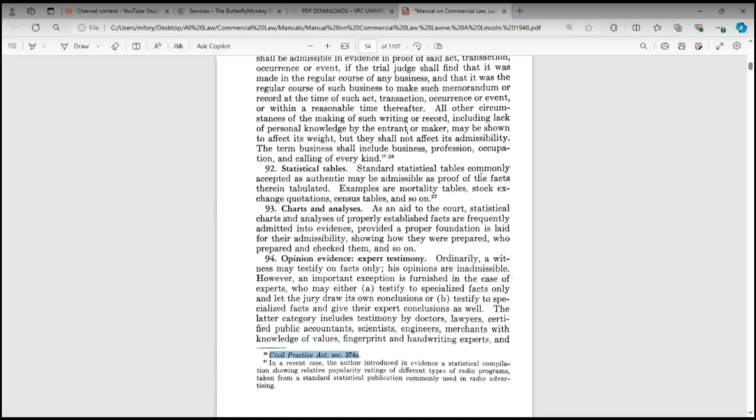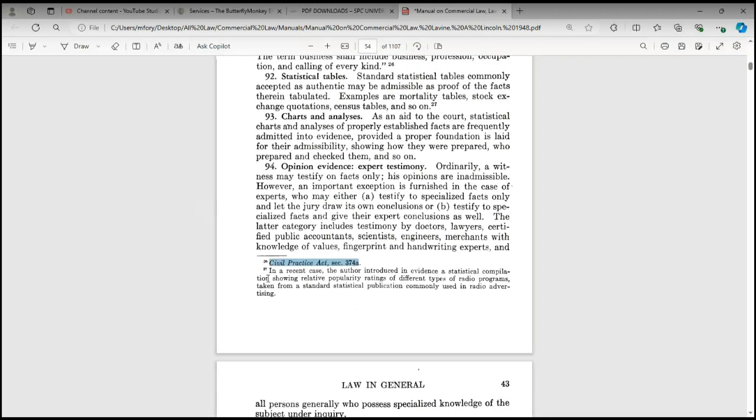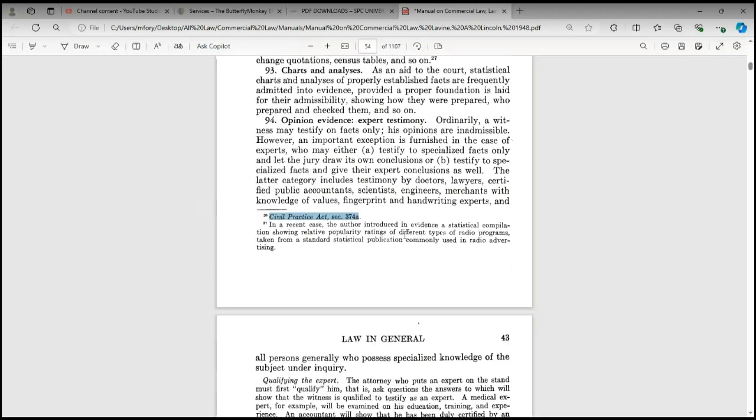Statistical tables. Standard statistical tables commonly accepted by authentic may be admissible as proof of the facts therein tabulated. Examples are mortality tables, stock exchange quotations, census tables, and so on. They give an annotation. In a recent case, the author introduced in evidence a statistical compilation showing relative popularity ratings of different types of radio programs, taken from a standard statistical publication commonly used in radio advertising.